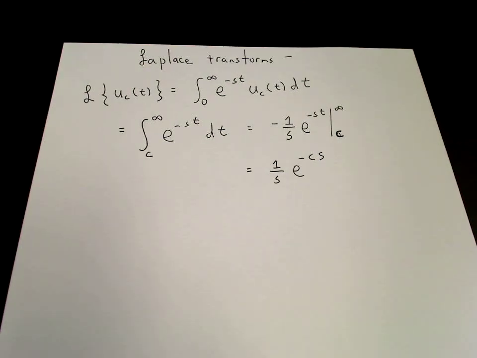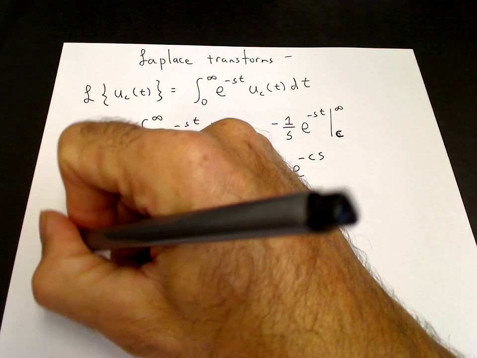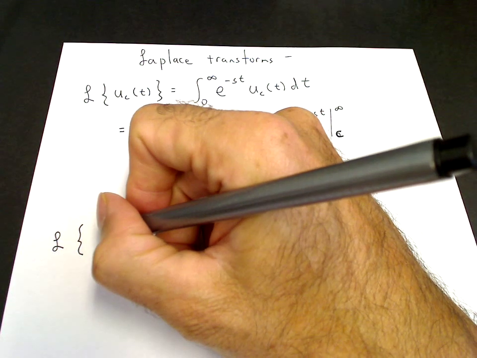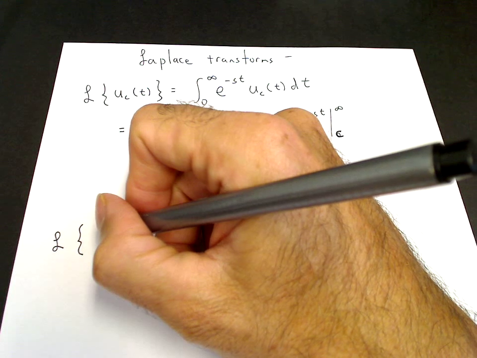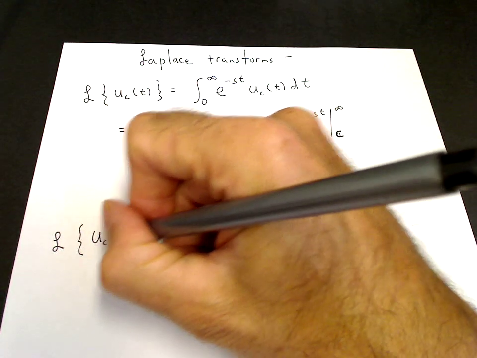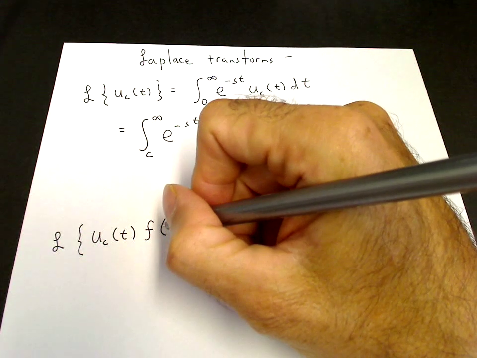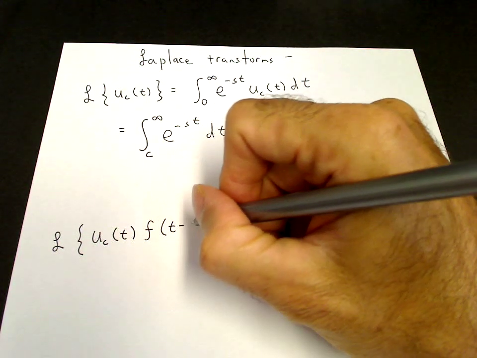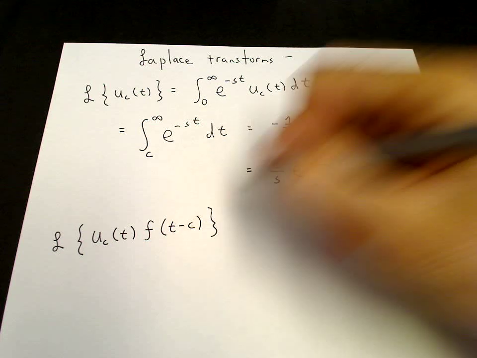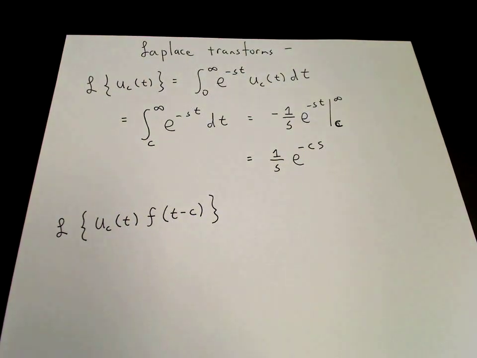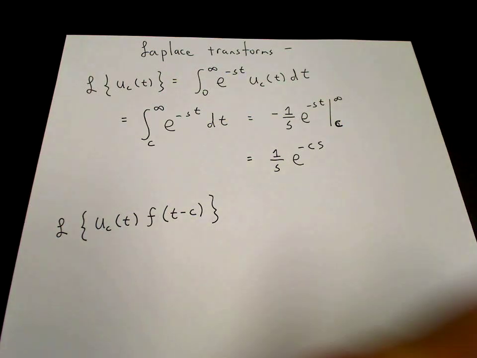Okay. We can also do the Laplace transform of the translated function. So that one is the Laplace transform of u sub c of t times some function of t minus c. So this is the function that's been translated a distance c, where from 0 to c we set the function equal to 0.